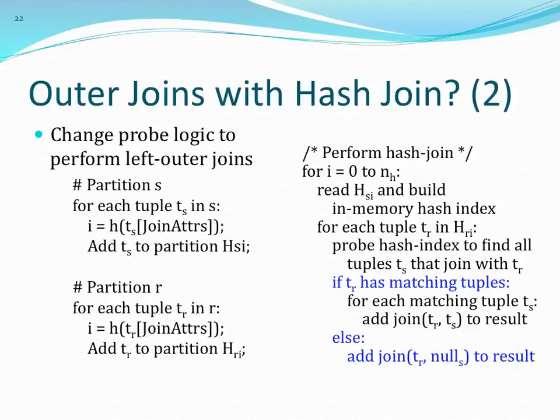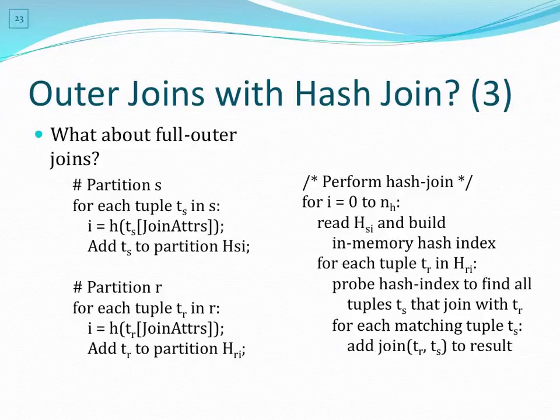And so I can do something very simple like that, where basically my hash index entries keep track of what actually matched stuff. And then what I can do is scan through the index and see what didn't match anything. So there's a very simple way of tweaking this to do right outer joins. A little bit less efficient than doing left outer joins, but it'll work. And so if I can do left outer joins and right outer joins, then I can also do full outer joins. Okay? Full outer join.